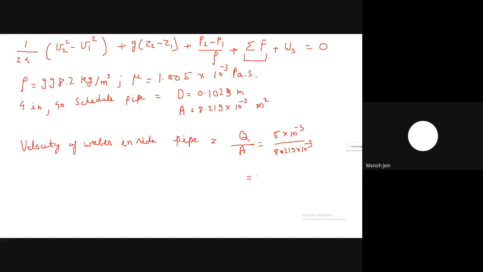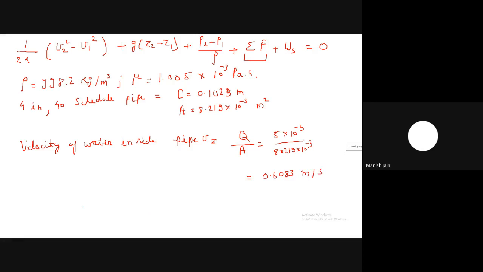The velocity is represented by V, so V equal to 0.6083 meter per second. This is the velocity of the water inside the pipeline.